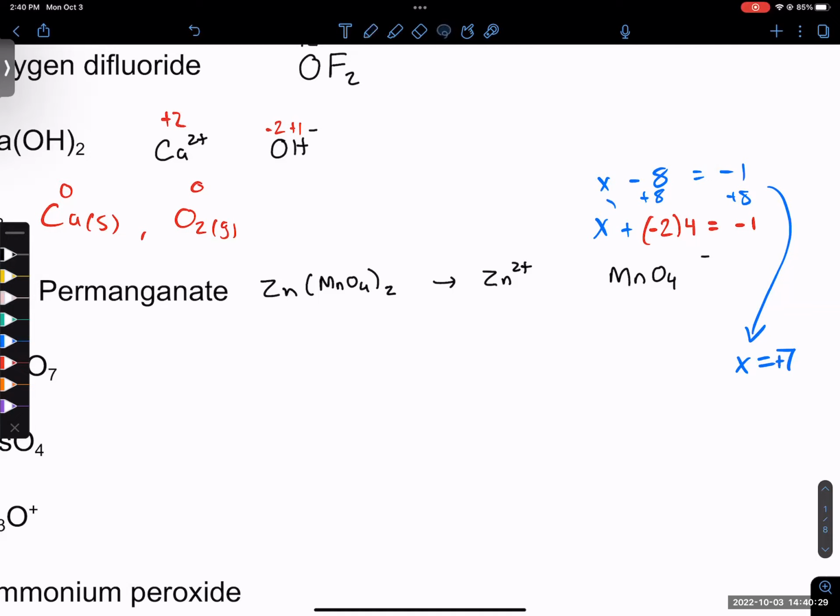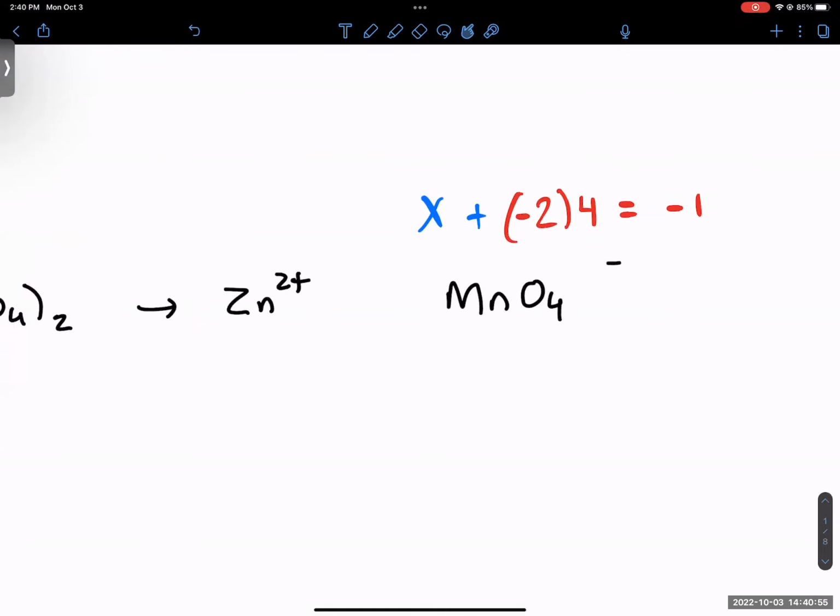All right, so does anyone want me to repeat how I got that? What we said was we have 4 oxygens, right? Each one has a -2 charge. We need to find the charge on manganese, the oxidation number. And we know that the total charge of this polyatomic anion is -1. We get that from this little minus sign here. So all these charges in here have to add up to -1.